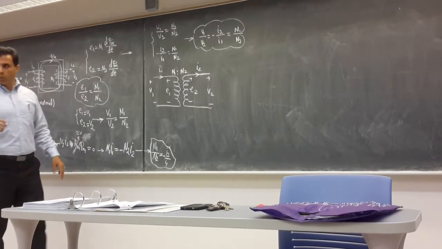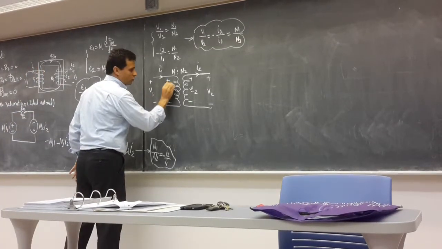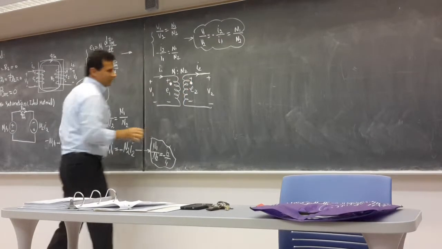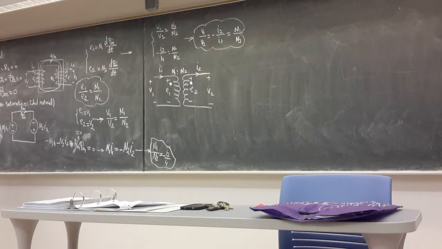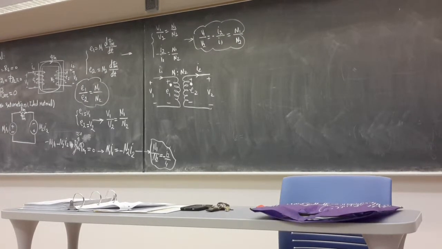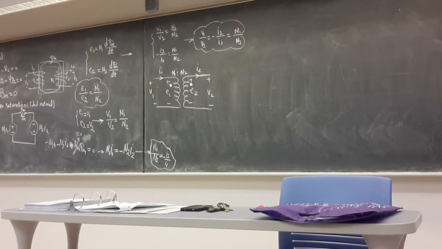I'm going to add one more thing here, a dot. You put a dot here and a dot here. These dots basically show the direction of flux in the winding. Instead of drawing a physical circuit, we just put the symbol over there and we put the dots.